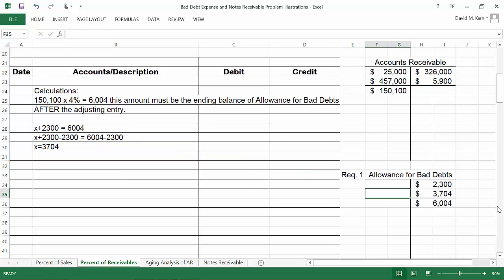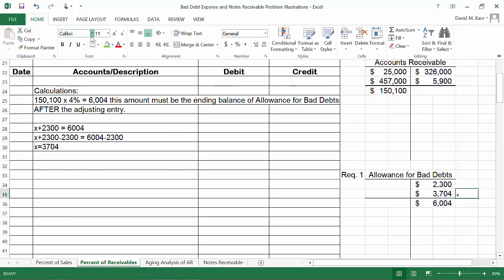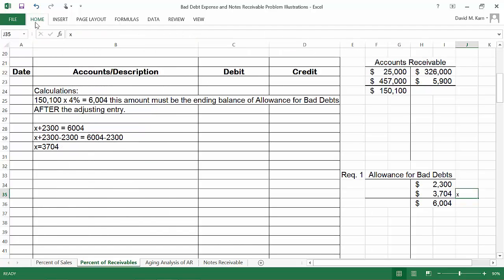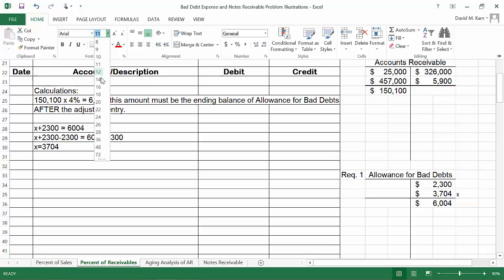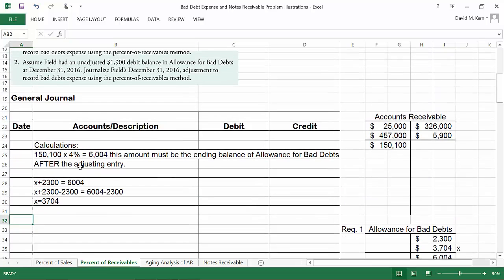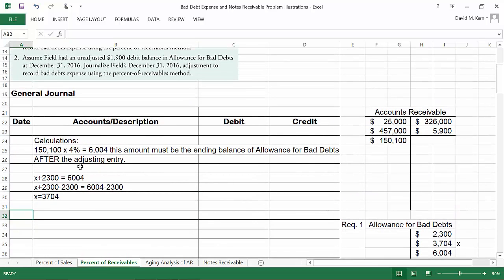And I'll just put the X over here so you know what that's for. Make that a little bit larger so you can see it. Okay, so what you want to realize here is that in your adjustment, we are still at December 31st of 2016, and our adjusting entry will be the same as far as the accounts are concerned.